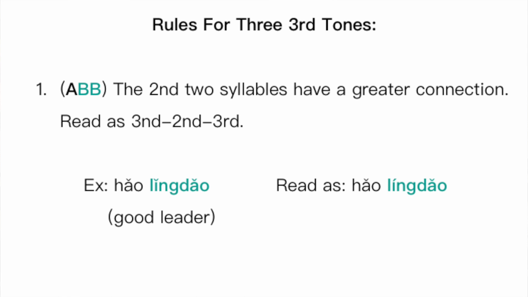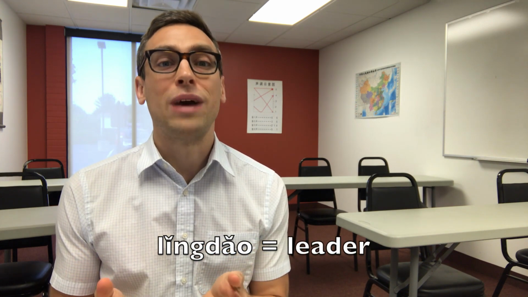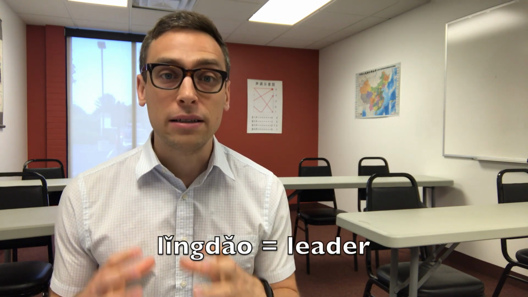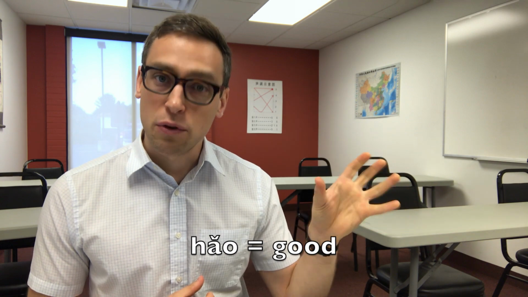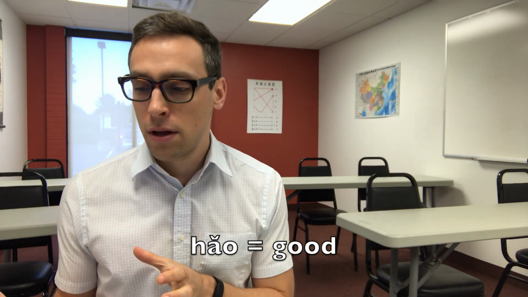So if you could hear how I'm saying that, 好 remains a third tone, 领 turns into a second, 导 stays a third tone. Why is this? How is 领导 more connected than 好领? You might know 领导 is a word referring to a leader. So 领导 you can think of as a word unto itself. 好 means good. So this is a description for what kind of 领导.